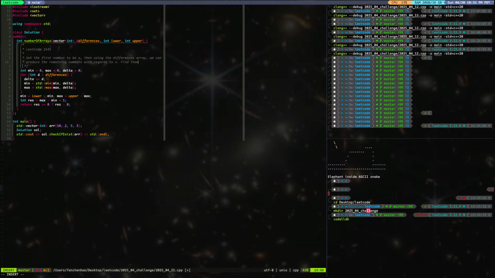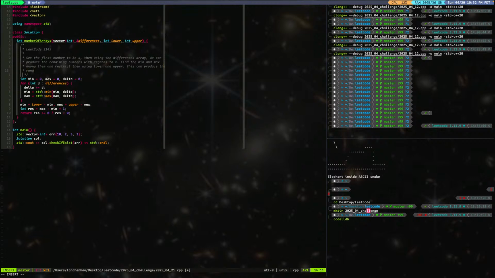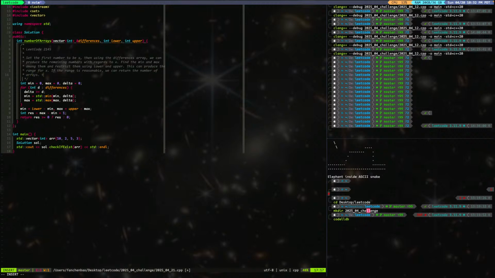Find the min and max among them and restrict them using lower and upper. This can produce the range for x. If the range is reasonable, we can return the number of arrays. Otherwise, we return 0.